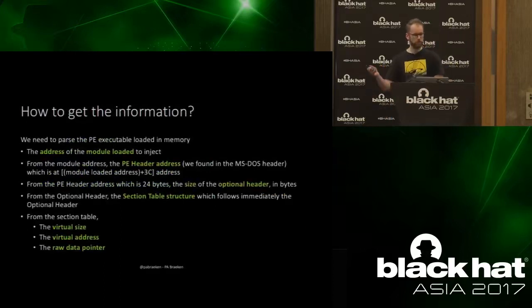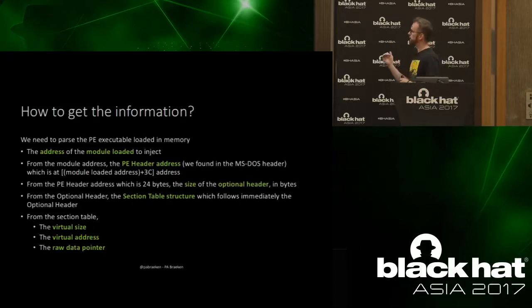So to do that, you need to parse the PE dynamically in the memory. You will get the address. So I will make different steps to be able to do that. The first thing you have will be the address of the module loaded to inject.